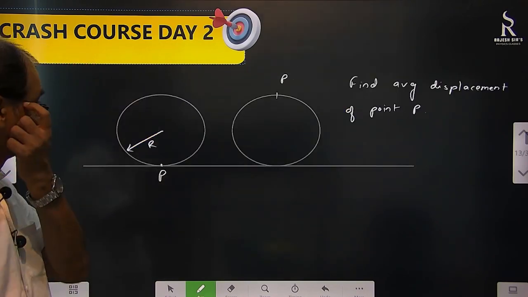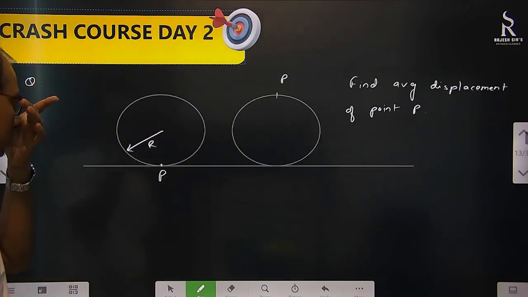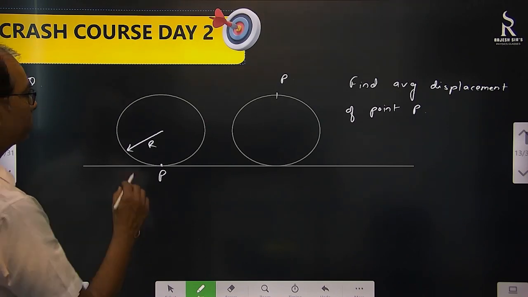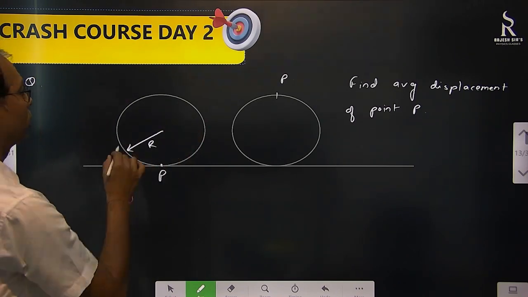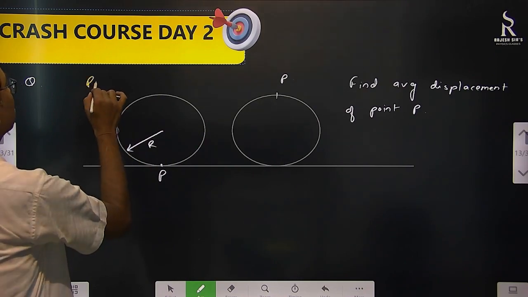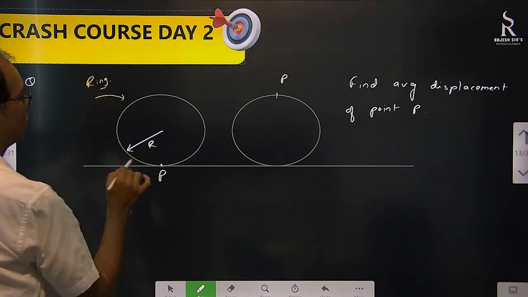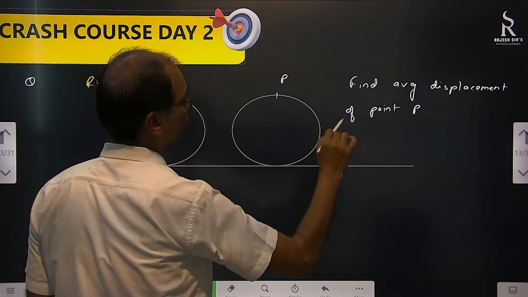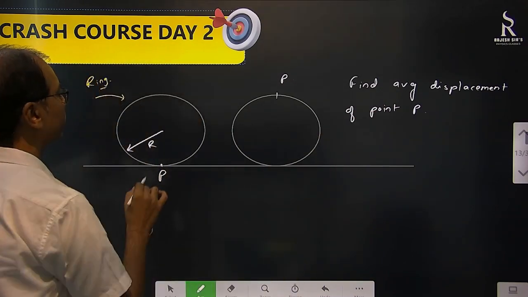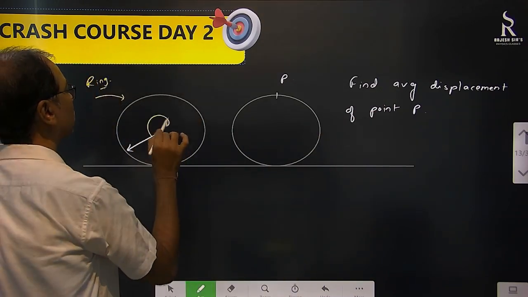Okay. So here is a question for you. You can see there is a circle, or you can say a ring. There is a point P here. Find the average displacement of point P. So what is happening here? This is actually rolling.